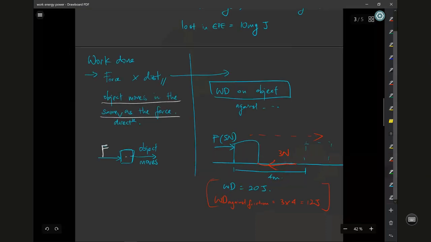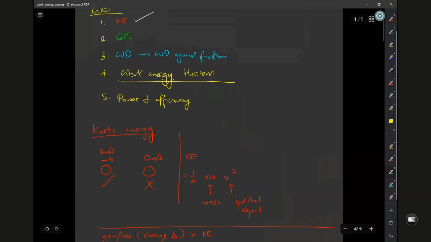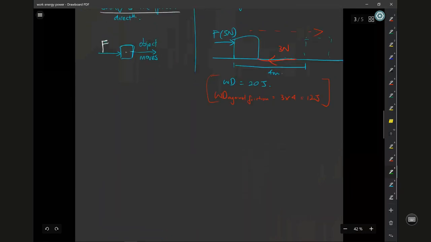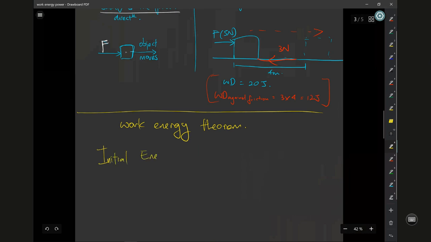Now let's link everything up that we've learned up to this point to this thing called the work-energy theorem. So what is the work-energy theorem? The work-energy theorem forces us to consider that the initial energy must be the same as the final energy.